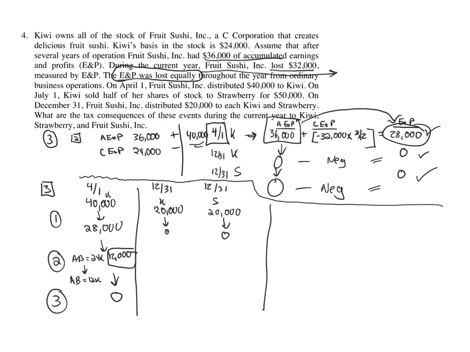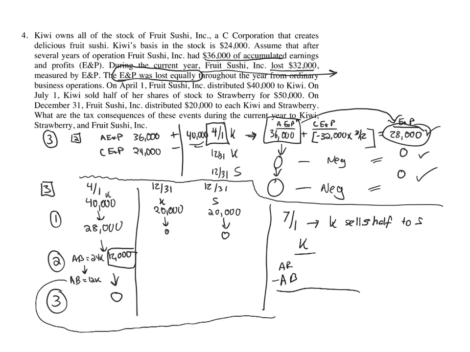But then we have on 7-1, Kiwi sells half to Strawberry. So Kiwi's consequence is amount realized minus adjusted basis. There's adjusted basis of 12,000 left over.